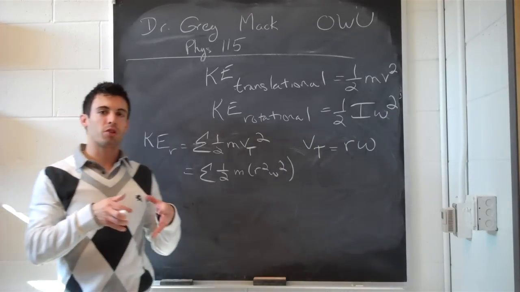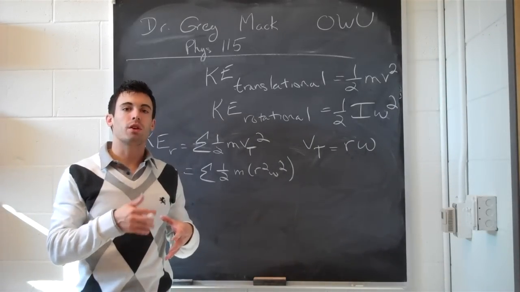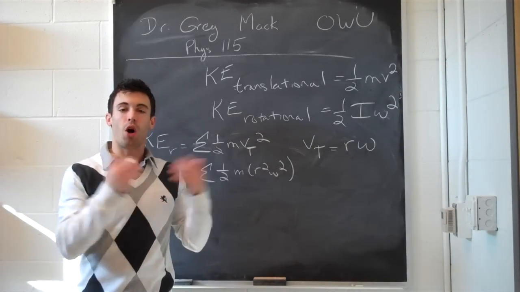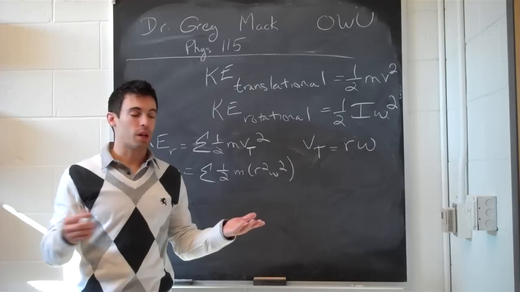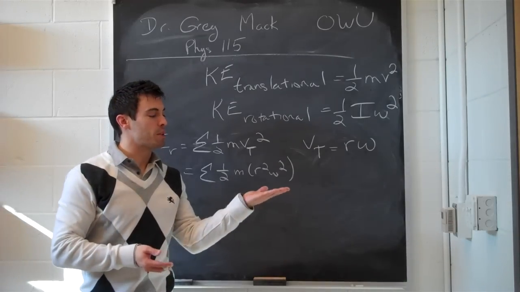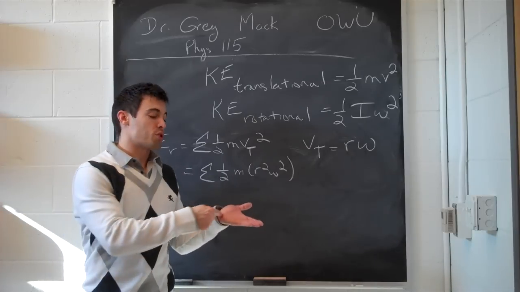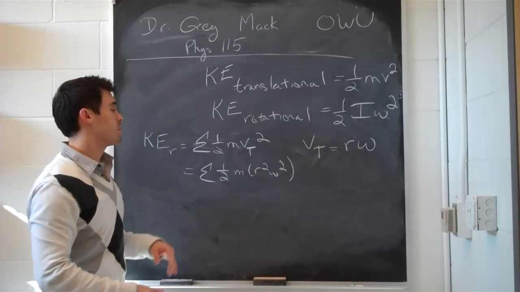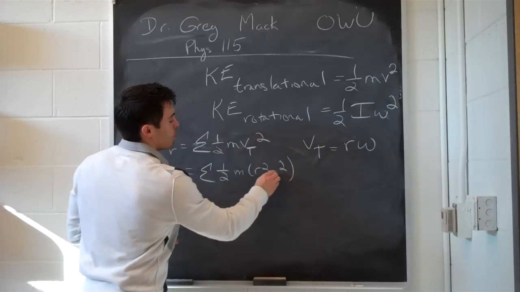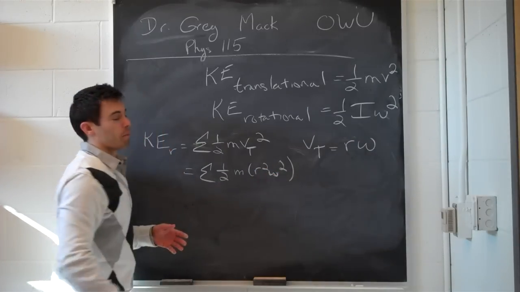If that object is a rigid body, then the omega is going to be the same for all different parts. It's going to be transcribing the same angle for all parts, no matter how far you are from the center. But of course, your distance from the center does change, so that r is still an r, but I can bring that outside of the sum.